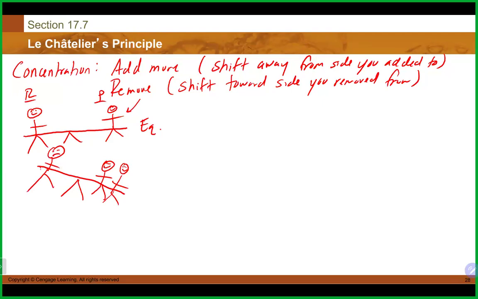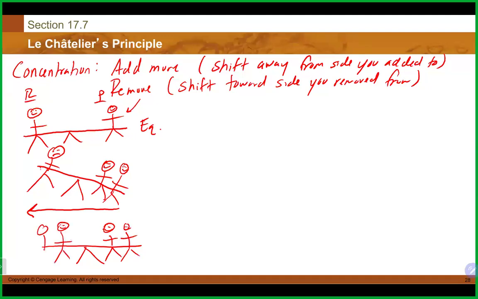To fix this, we would need to put more people on the left-hand side. So we would shift away from the side that we added to, and we would need to put more people on there to get it back to equilibrium. At this point we would return to an equilibrium position once again.